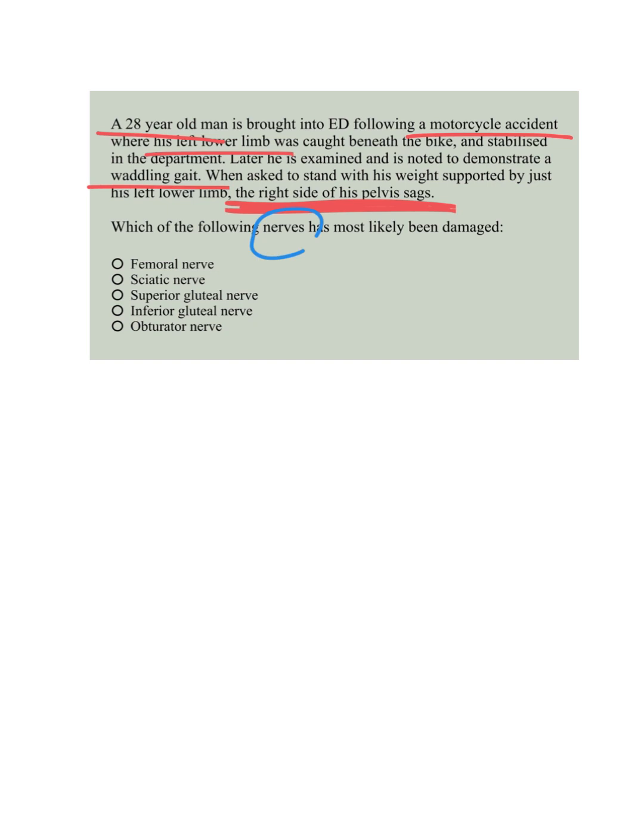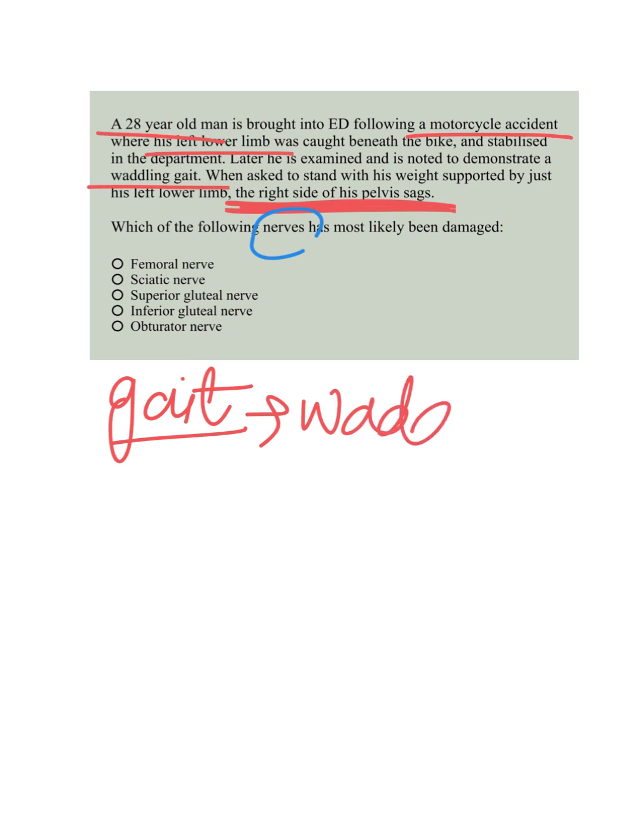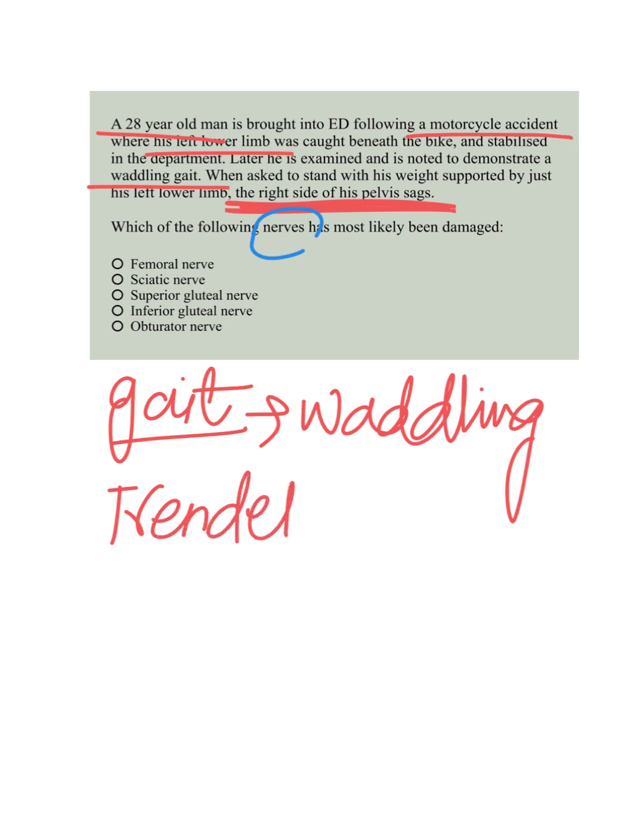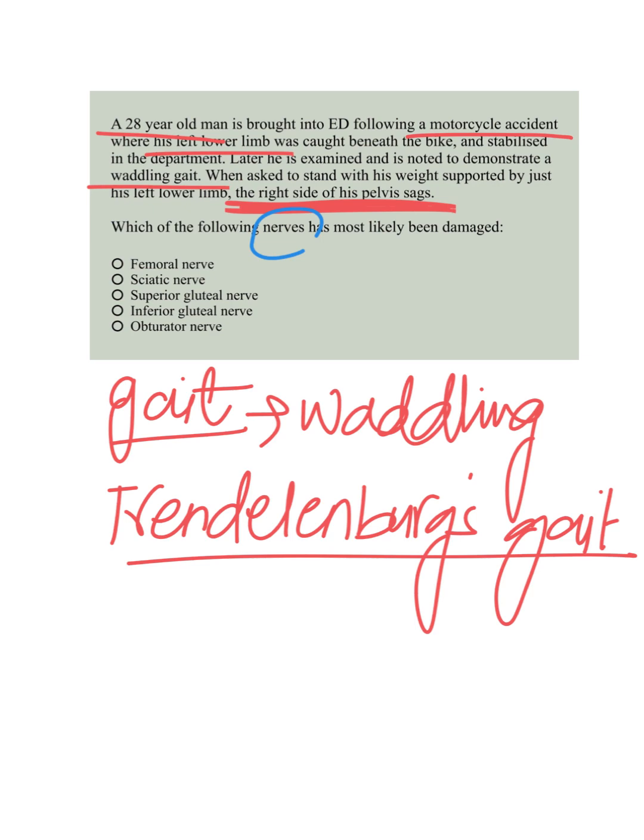If you have a sound knowledge of anatomy, or if you prepared really well, you will be able to pick the answer immediately, and you will know that the examiner is talking about a specific kind of gait when he refers to waddling gait, and that is known as the Trendelenburg's gait.